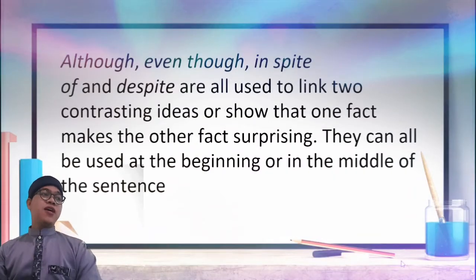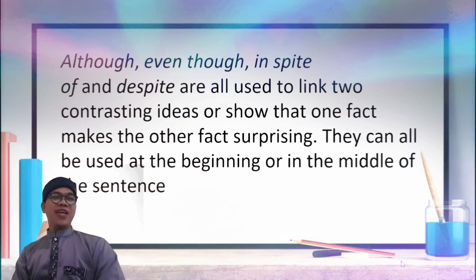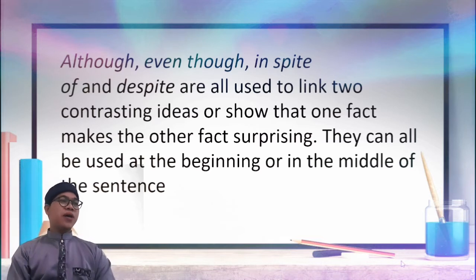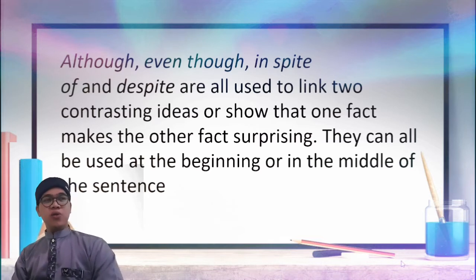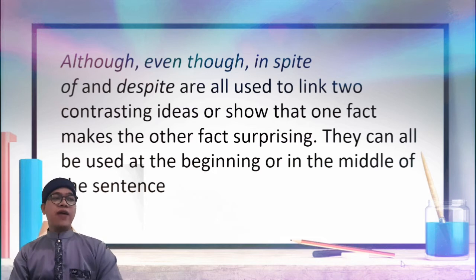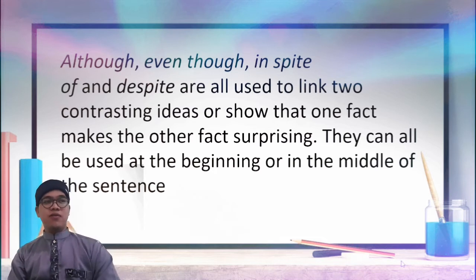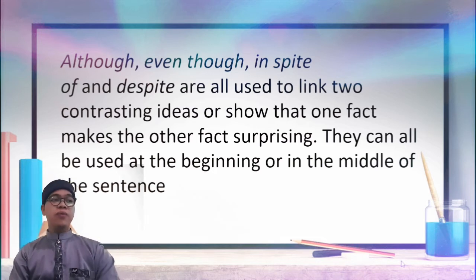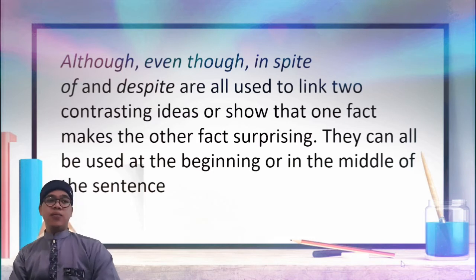Okay, at first, although, even though, in spite of, and despite are all used to link two contrasting ideas, or to show that one fact makes the other fact surprising. They can all be used at the beginning or in the middle of the sentence.